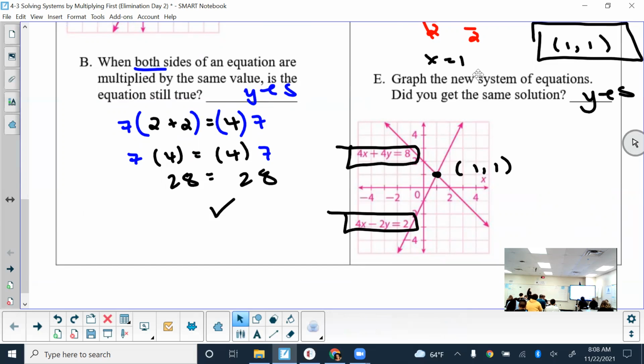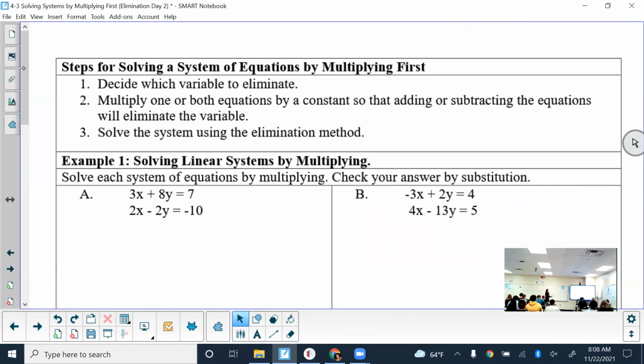Now that we have that long-winded explanation, we can go through these examples a little bit. Next page. Here are some step-by-step instructions, if you like to memorize steps. First, figure out which variable you want to eliminate. It can be x or y, whatever looks easier.